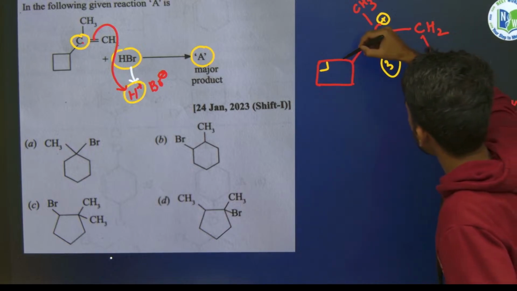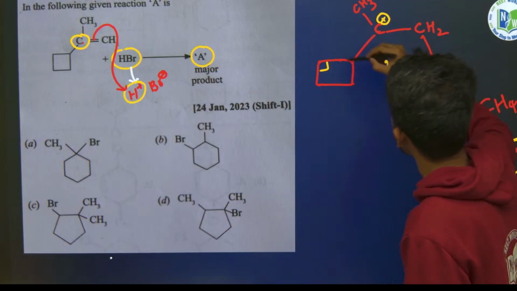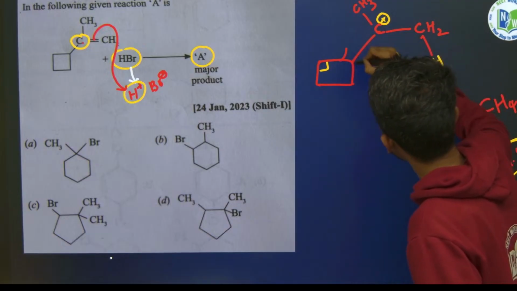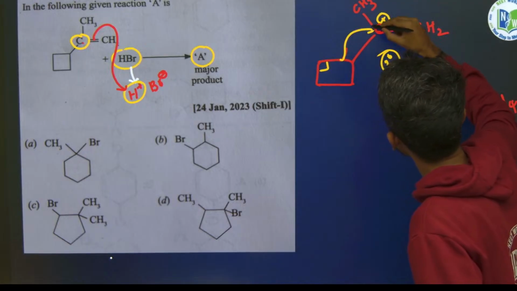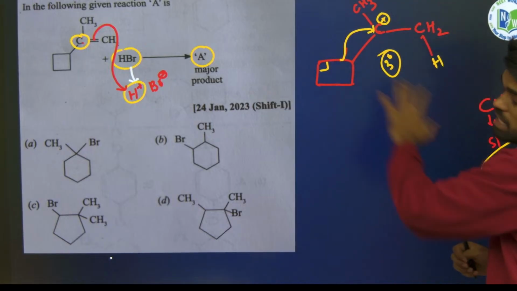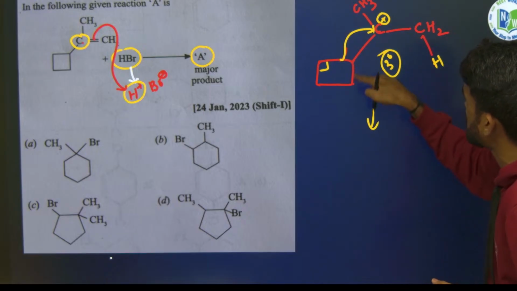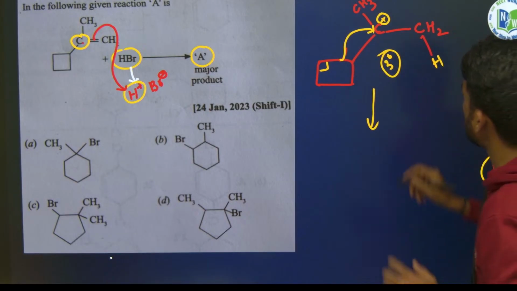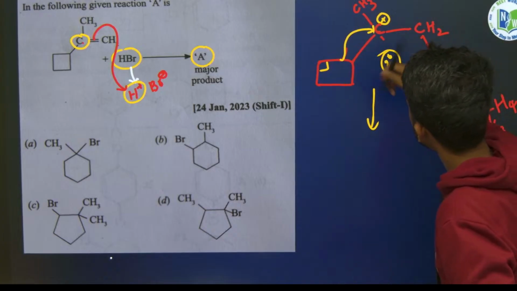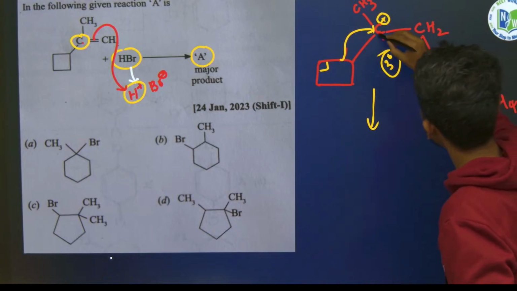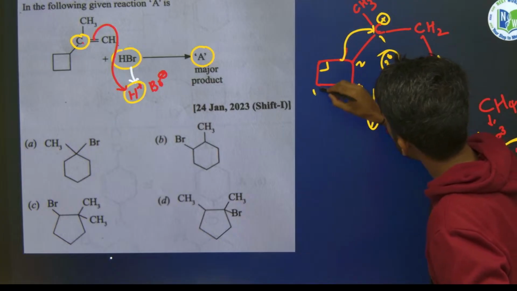The bond will shift from this carbon to this carbon, so that the number of carbons in the ring increases. Ring expansion is taking place: the 4-member ring becomes a 5-member ring by shifting. Now let us number it 1, 2, 3, 4, 5.